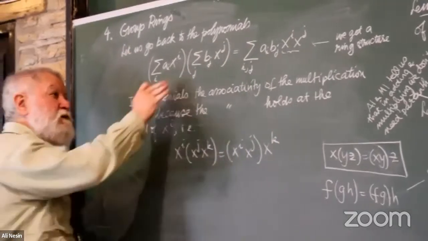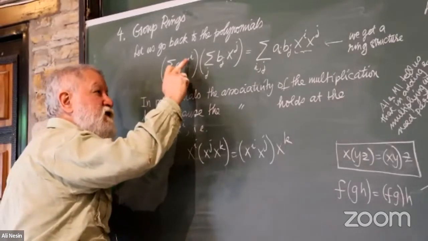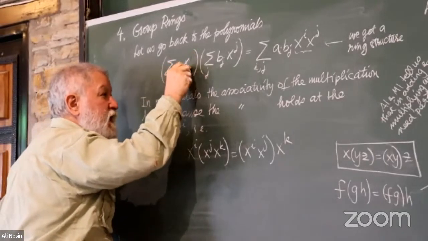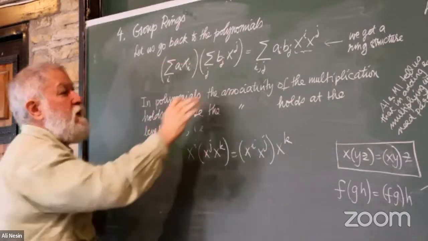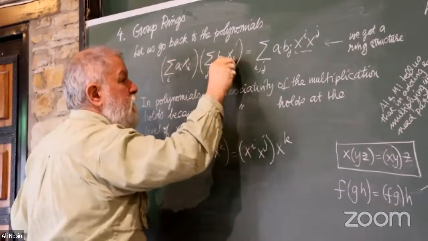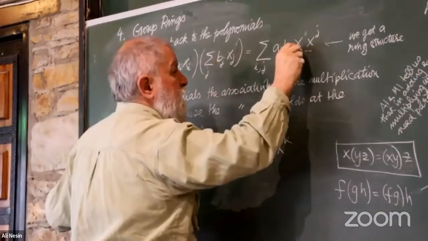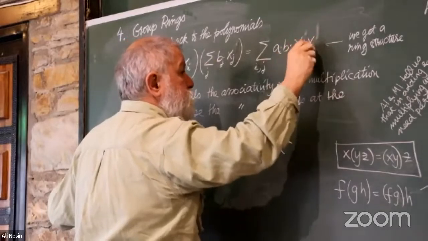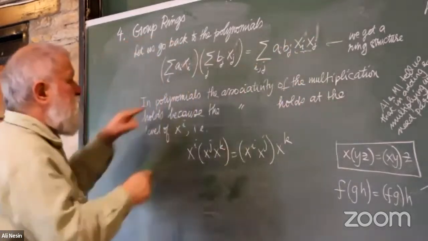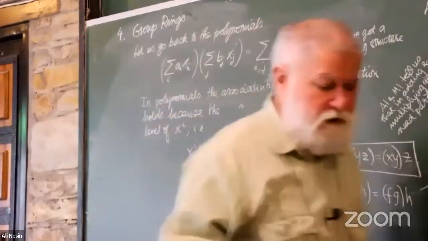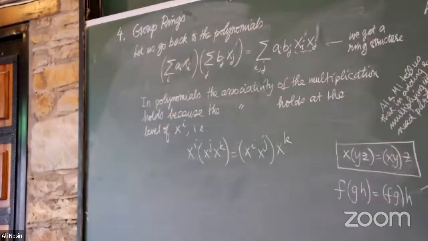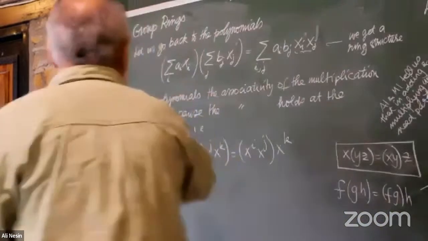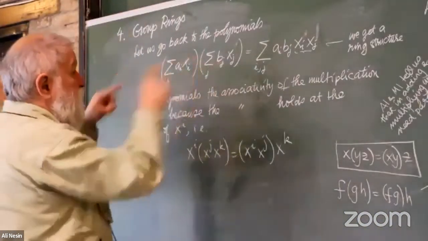As I did before, let us forget that this is x to the i. Write this as x sub i. Forget about what this is. And this is x sub j, and this is x sub i times x sub j. This could be anything. X to the i could be anything. Now, don't give any meaning to it. X to the i can be something absurd. Now, define multiplication like this.